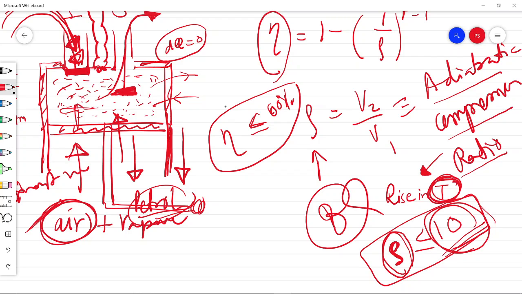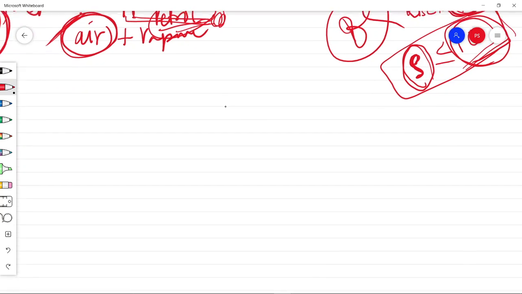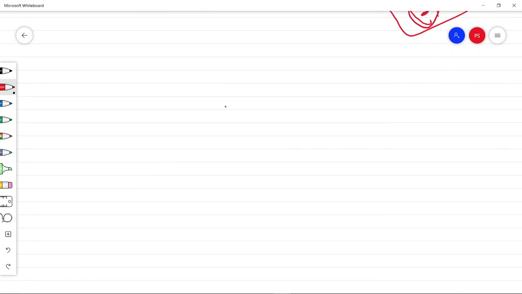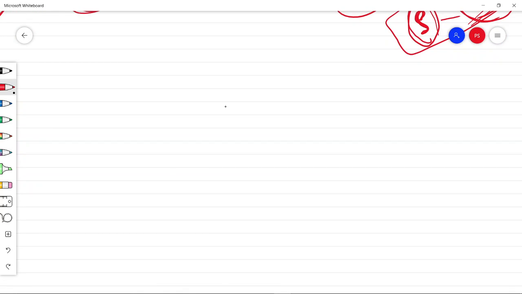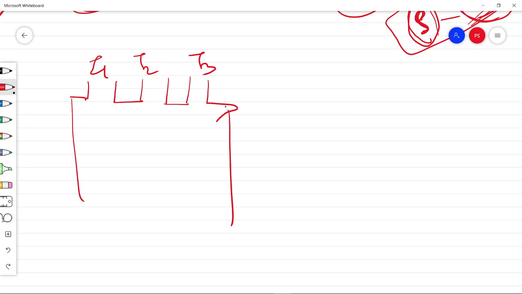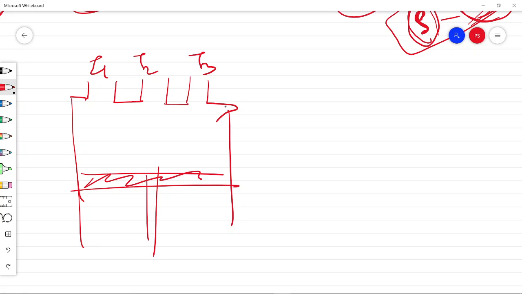Now let us have a view of diesel engine. Now let us see how it differs from the petrol engine. The first fundamental change is that instead of two valves, it has three valves. Let us call them I1, I2 and I3, and a cylinder piston arrangement as in the previous case.